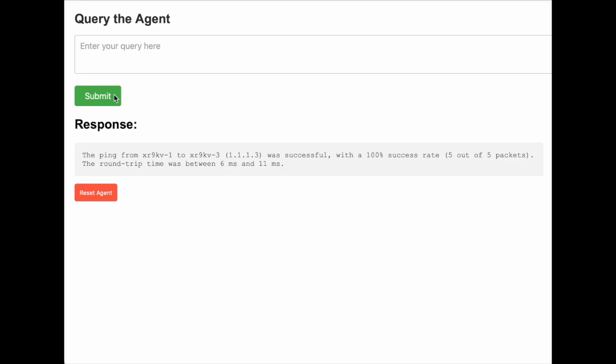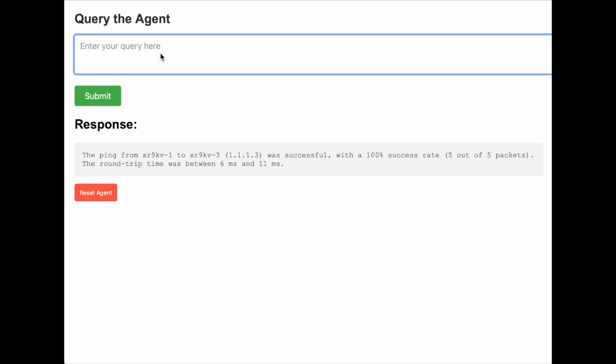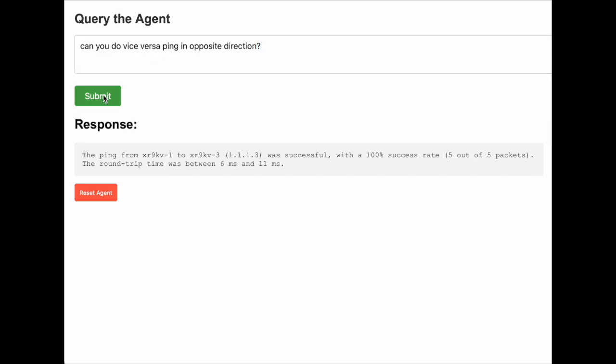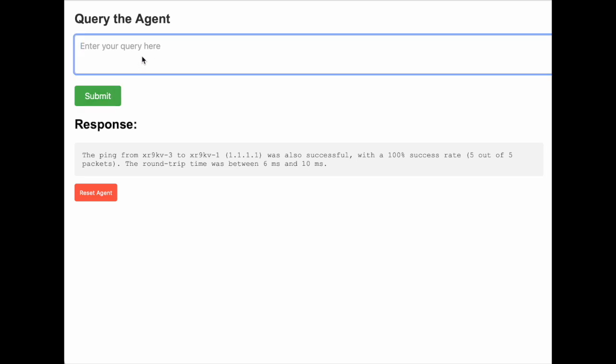Today the response time is really good. Okay, can you do vice versa? Ping in reverse. Not bad. Can you print all of the interfaces on all routers?